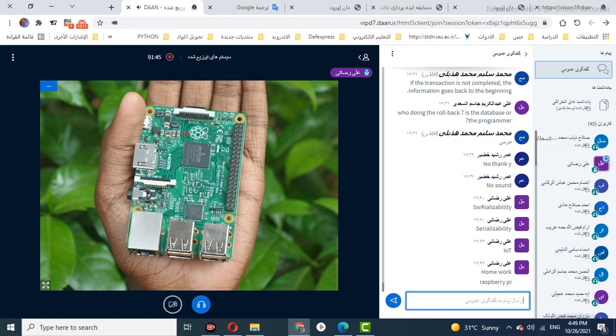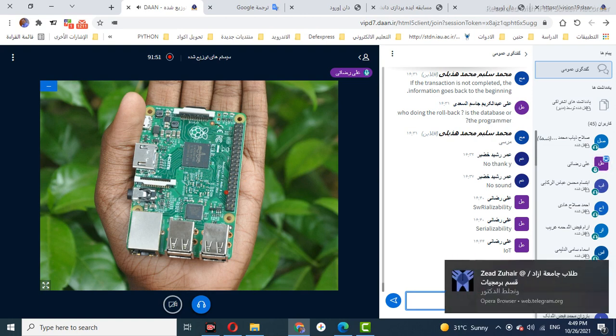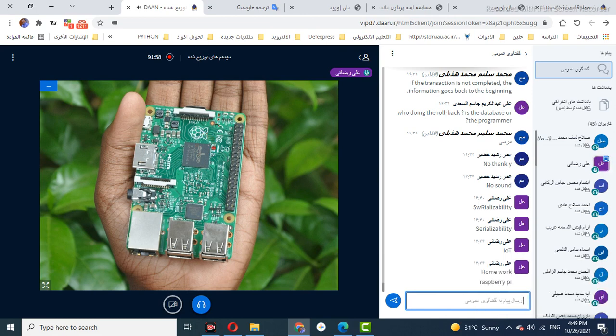You can install different applications. For example, you can install Microsoft Windows, the IoT version of Windows, or you can install Raspbian or other Linux operating systems on this, and you can have applications similar to Word and Excel. And also you have different programming languages to use on this computer.